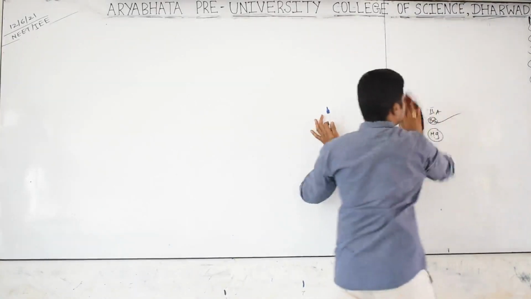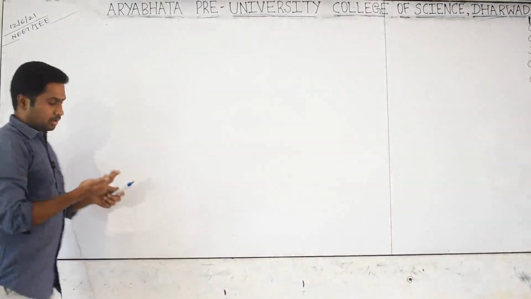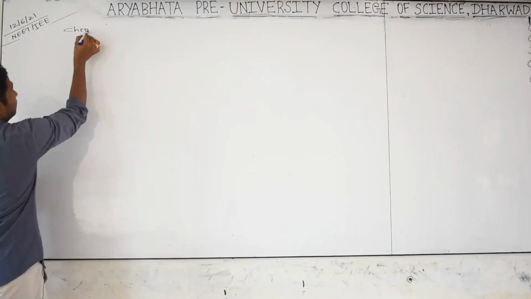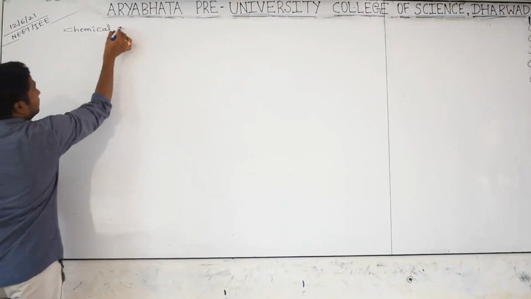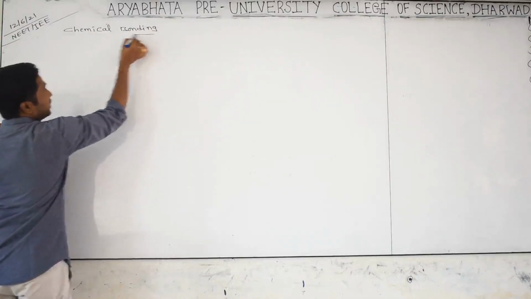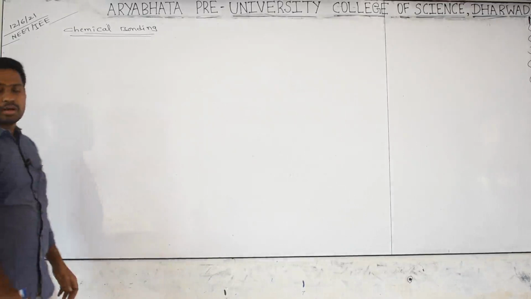Chemical bonding. See carefully. What is this thing? This is also a completely theory topic. Understand each and every point carefully. Chemical bonding means what?